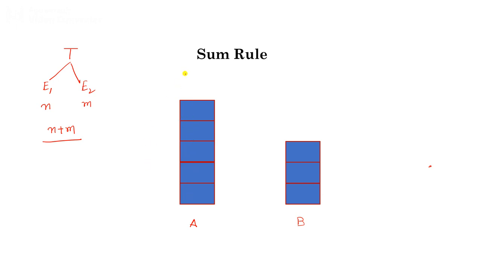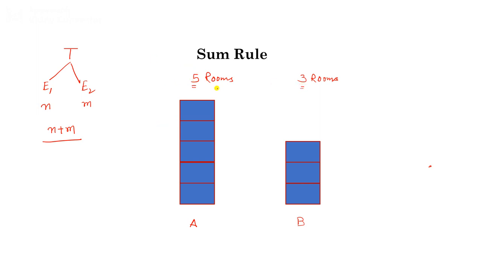So there are 5 rooms in building A and 3 rooms in building B. E1 means getting a room in building A, and this can be done in 5 ways. E2 means getting a room in building B, and this can be done in 3 ways. So m equals 3, n equals 5.